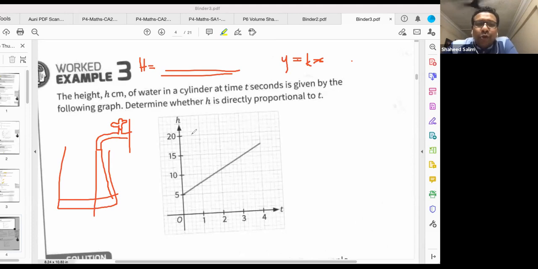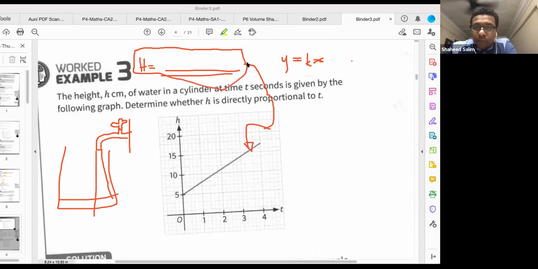In fact, I'm asking you to give me the equation of this graph. This is what this is saying. And you learned this already. You learned how to do it. You remember the equation for this diagram? y equals mx plus c.